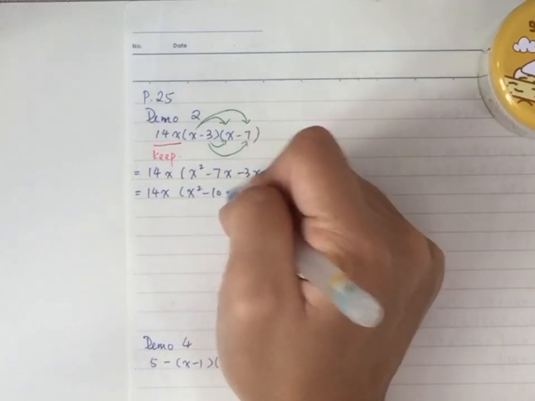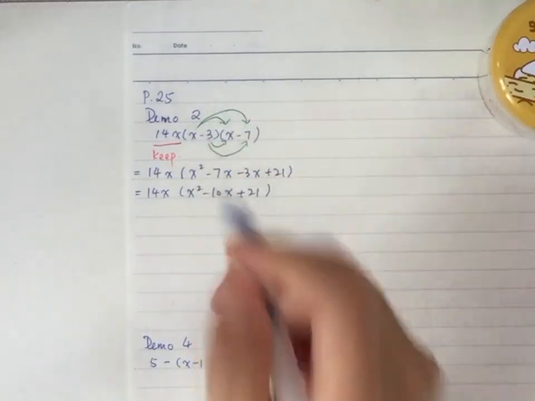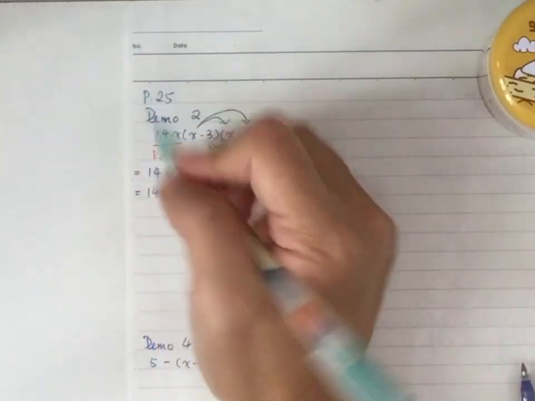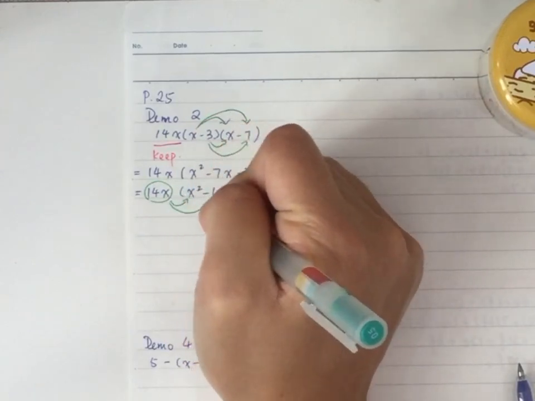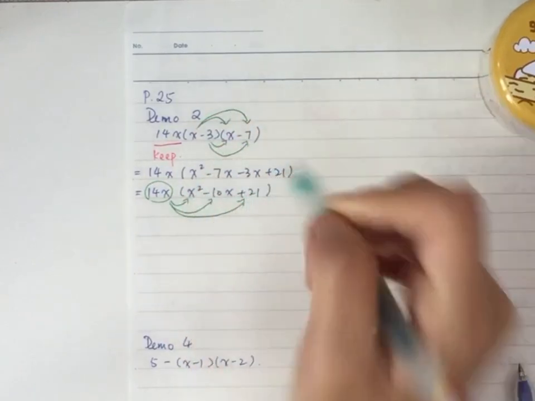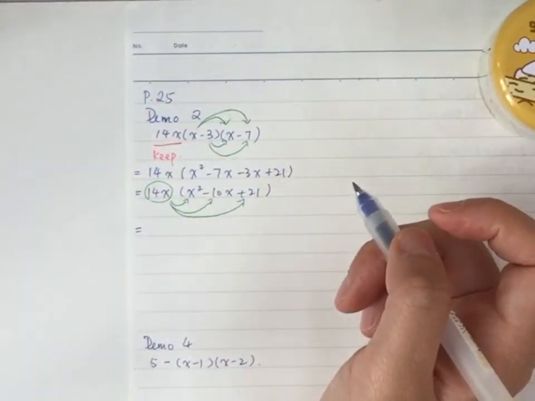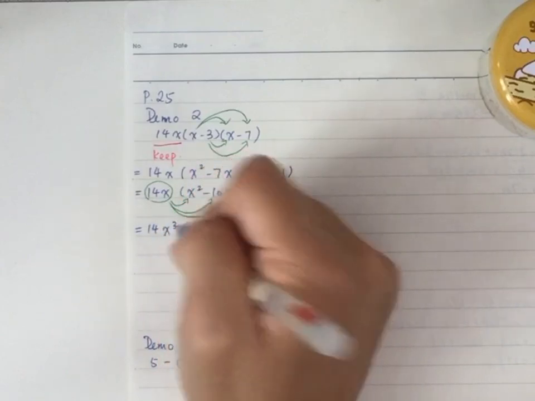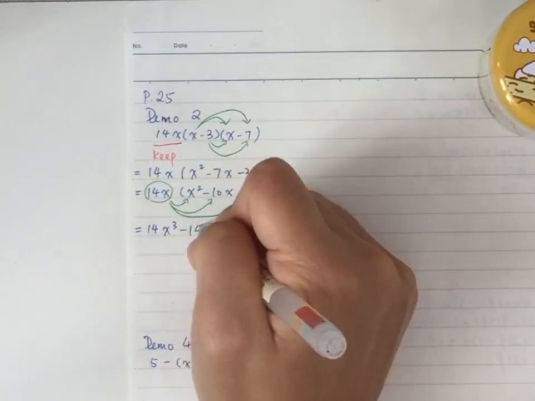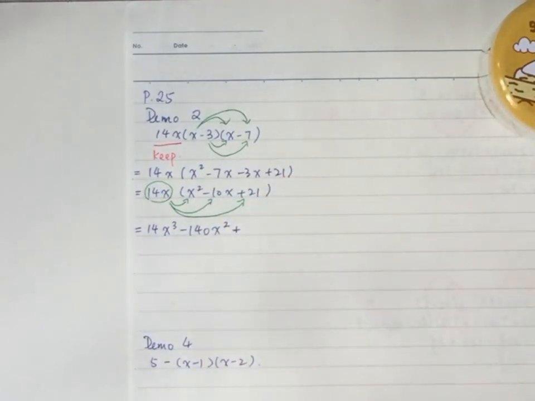After we calculate this part, of course we have to simplify the things inside the bracket first. So negative 7x minus 3x becomes negative 10x as the like terms. After we do so, we multiply 14x by x squared minus 10x plus 21. So we get 14x cubed minus 140x squared.